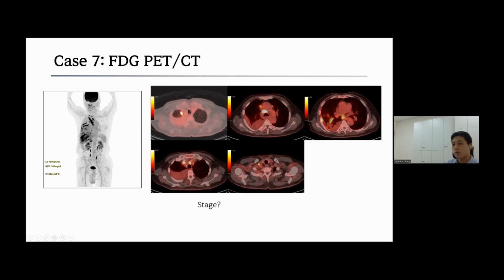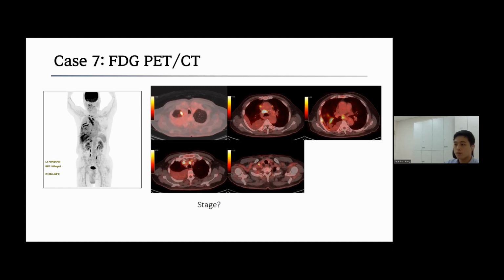In addition, a moderate amount of pleural effusion and diffuse hypermetabolic lesions along the pleura and fissures are observed in the right hemithorax, suggesting malignant pleural effusion and pleural seeding.